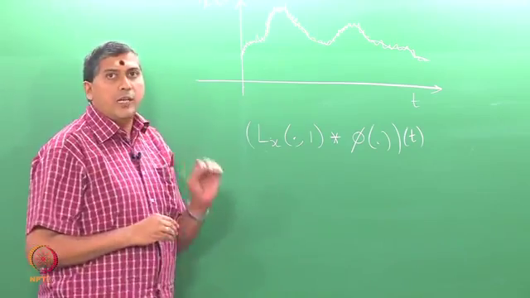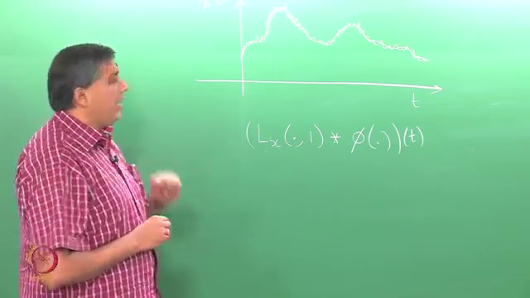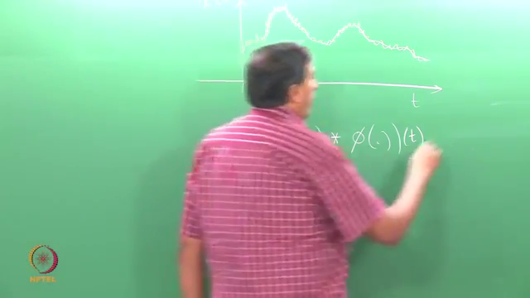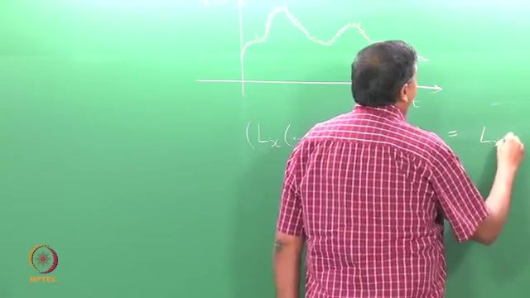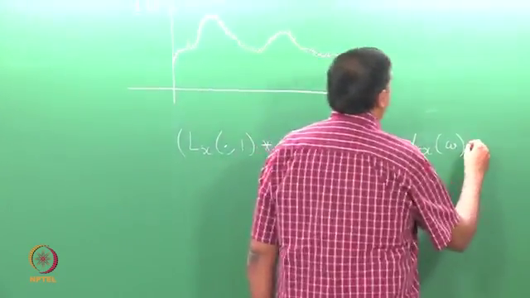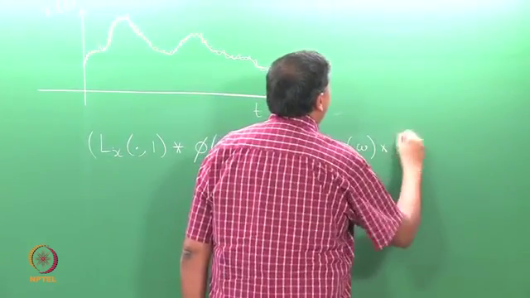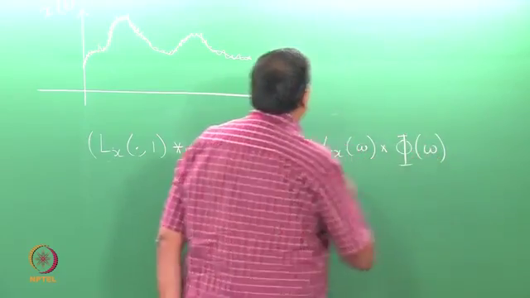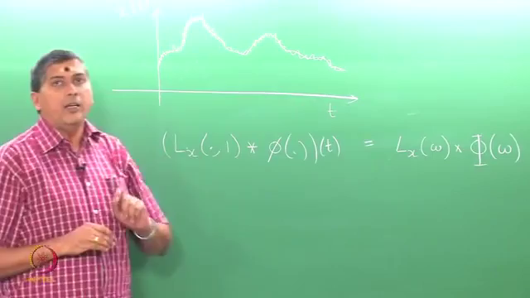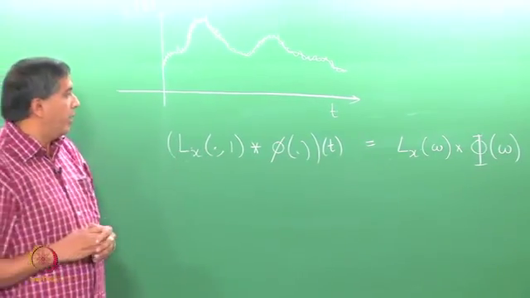So, what we shall do is take Fourier transforms of the terms on the left and right hand side. When I take the Fourier transform of the left hand side expression, I obtain Lx at omega times, this is a product, phi of omega, where phi of omega is the Fourier transform of the scaling function and Lx of omega is the Fourier transform of Lx with respect to the translation parameter.